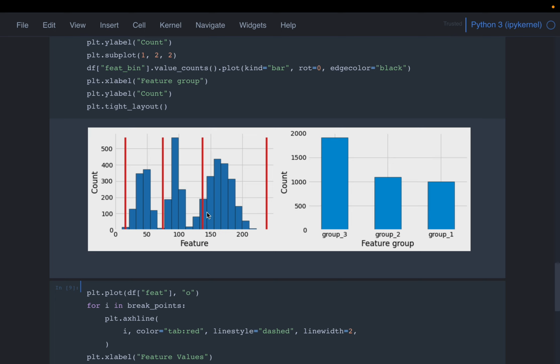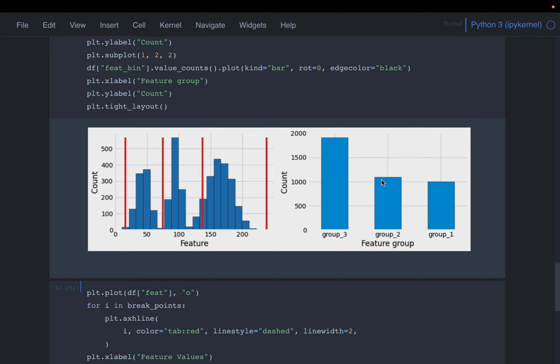Some of the values from group 3 are assigned to group 2, so it's not exactly 2000. That's why we are seeing more data points in group 2, more than 1000.